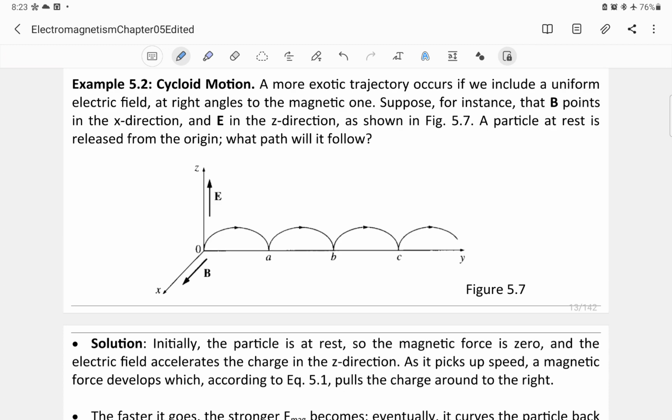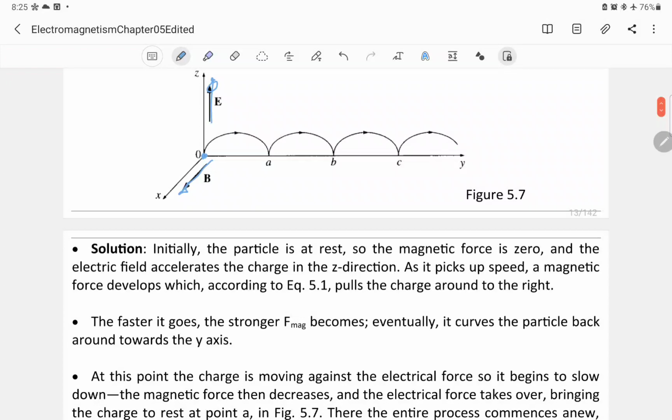Of course, you can see the path there as shown already in the figure. But let's look at how the equation of the path was derived. So in this case, your magnetic field is going in the x direction, your electric field is going in the z direction, and the particle is released from here.